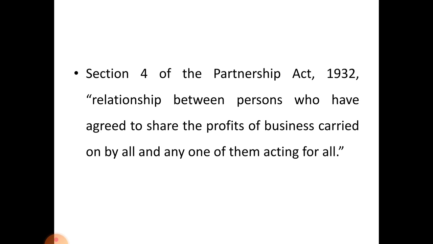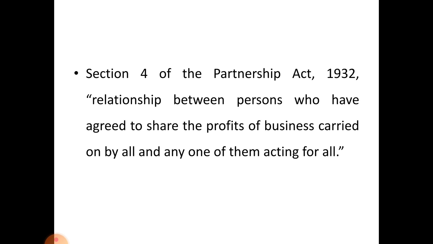It is an association of two or more persons carrying on a business or activity to earn profit, known as a partnership firm, and here all of them may be working partners or only some of them.